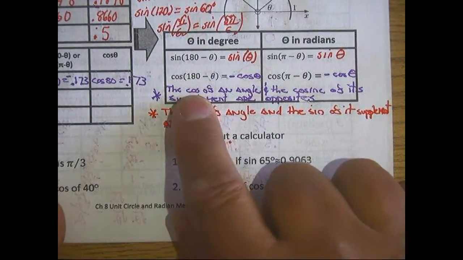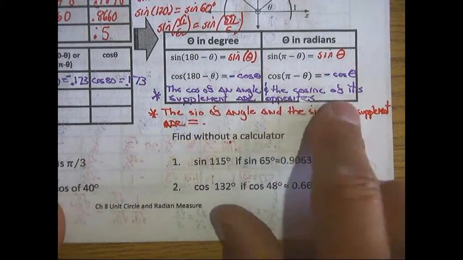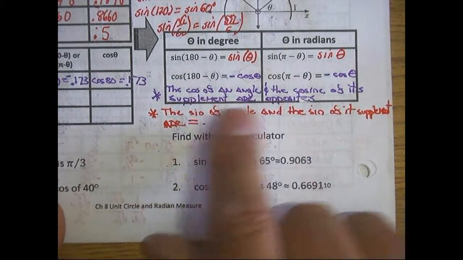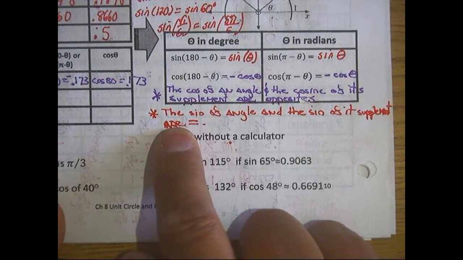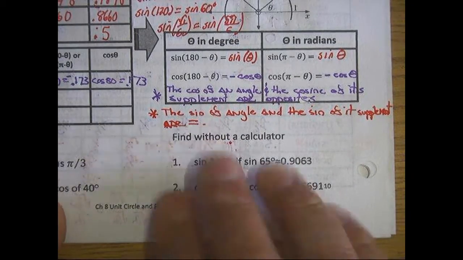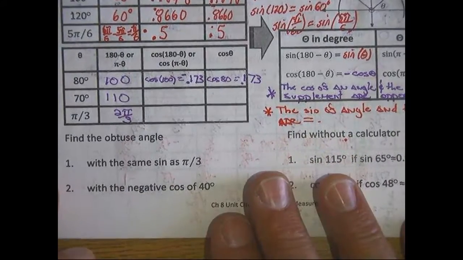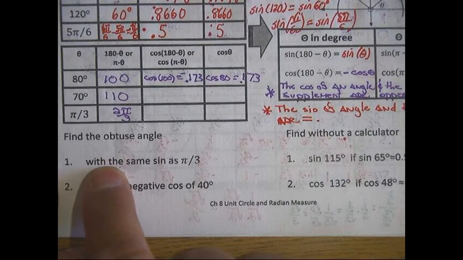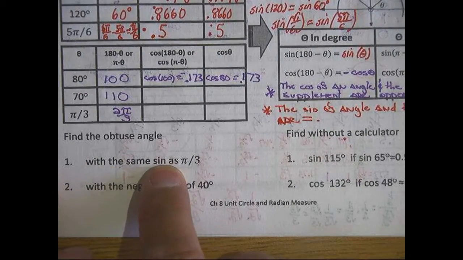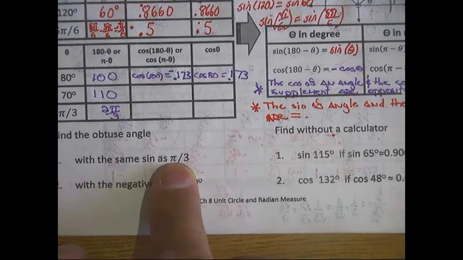Okay, so the cosine of an angle and the cosine of its supplement are opposites. The sine of an angle and the sine of its supplement are equal. So what angle would have the same sine value as pi over 3?